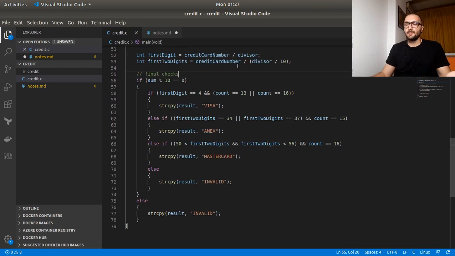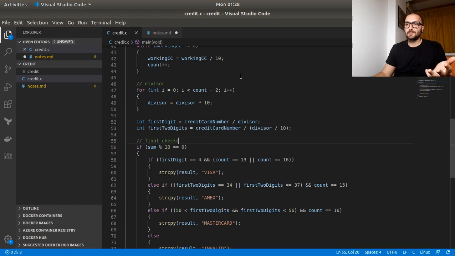We got the last digit, added that, then we moved two digits over, and so on. For the second case, we started from the second to last digit, moving two digits over, multiplying by 2, checking if the resulting number is 2 digits, we sum those up as well.